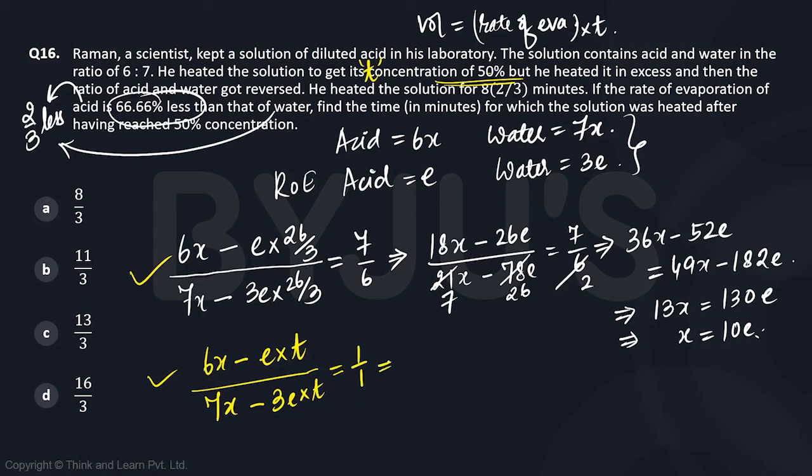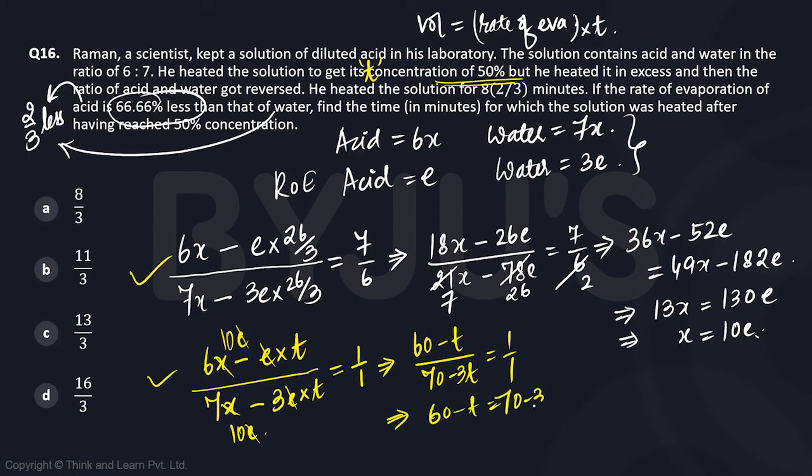So we can substitute 10E instead of x. If you put 10E, E gets cancelled out from the numerator and denominator throughout. So we will have 60 minus T divided by 70 minus 3T is equal to 1/1. If we cross multiply, we will have 60 minus T is equal to 70 minus 3T. And this is going to result in T being 5.